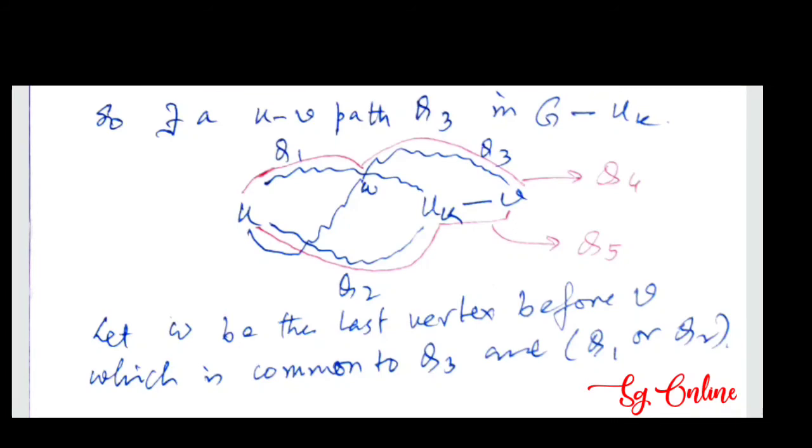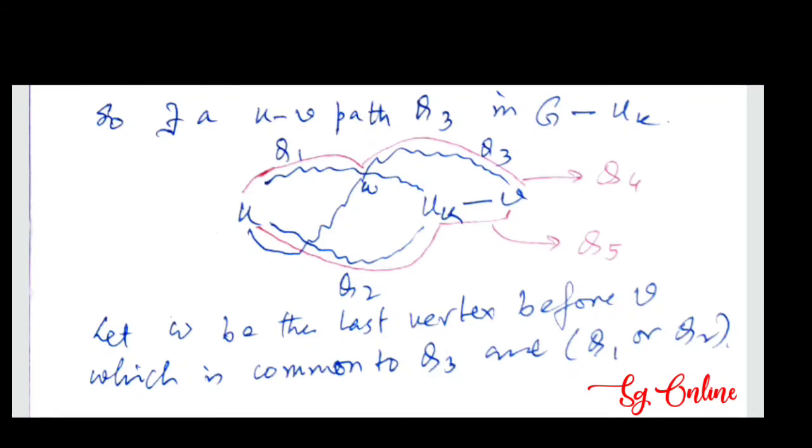And in this way we see that since there are no common vertices between Q1 and Q2, the U to W portion has no common vertex with Q5, and W was the last common vertex between Q3 and Q1 or Q2. We are considering W in Q1, so W is not in Q2, and also the W to V portion of Q3 has no common vertex with Q2.